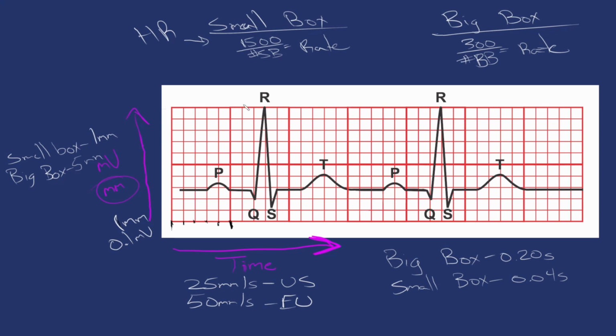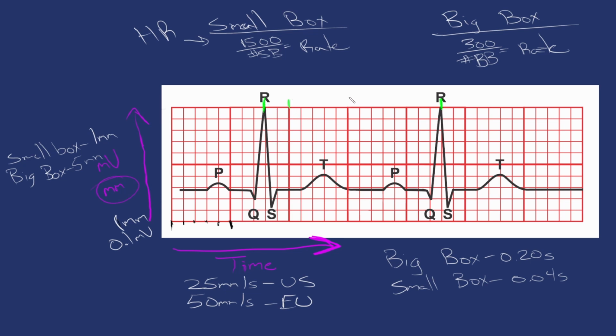So now if we do an example here, we'll start with the big box method. Okay, so we have our R wave. Whenever we're doing the QRS, the easiest way is to find our peak. If we had a deep S wave, we'd be using the S instead. But with this, we're going to go R, so peak of R to peak of R. We're going to say this is just half of a big box. At this point, we're just going to round that.